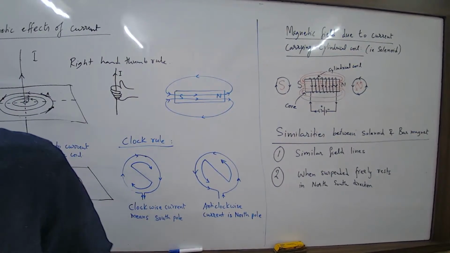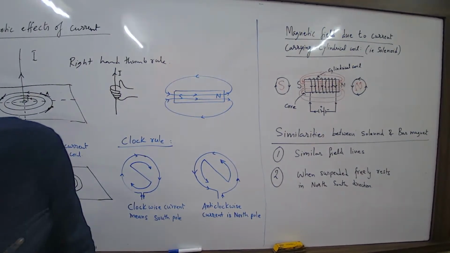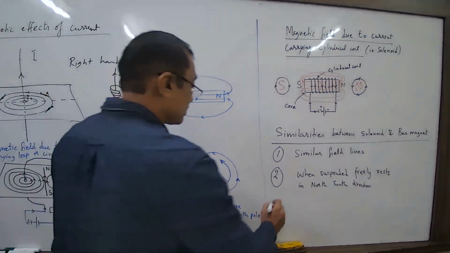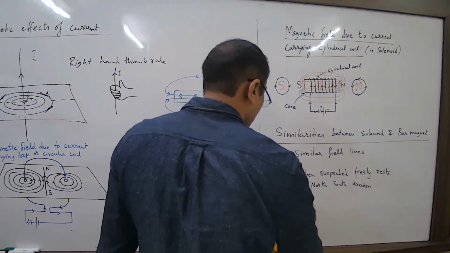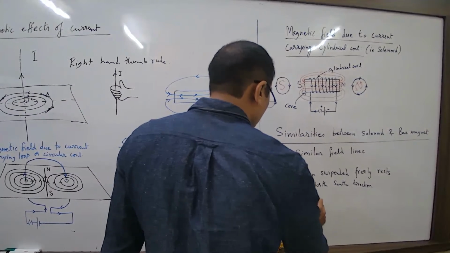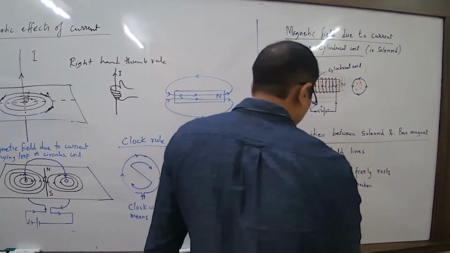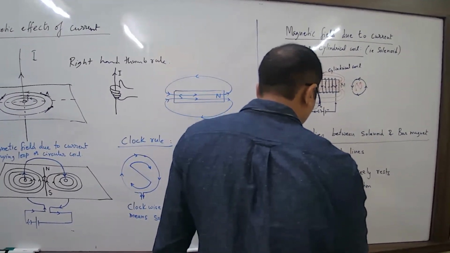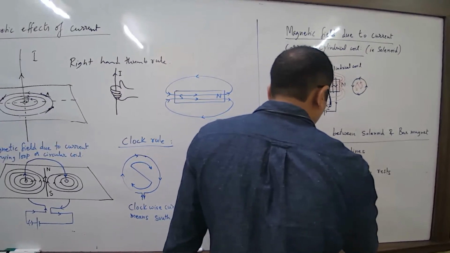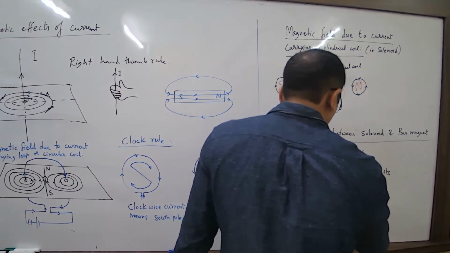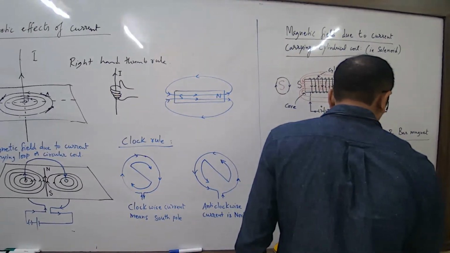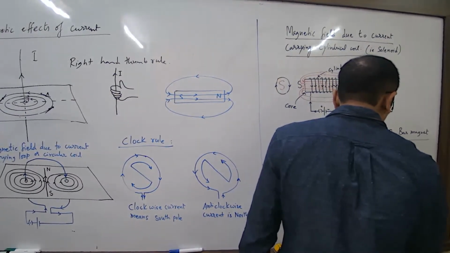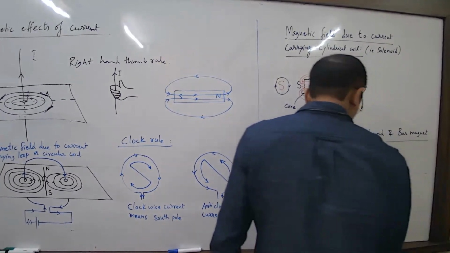Then third is attracts metallic substances, such as iron pieces.